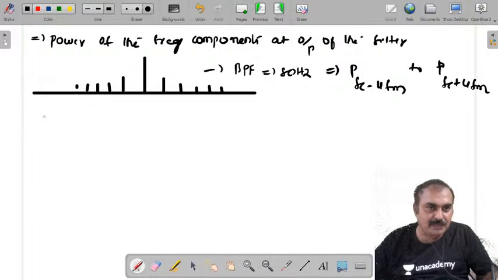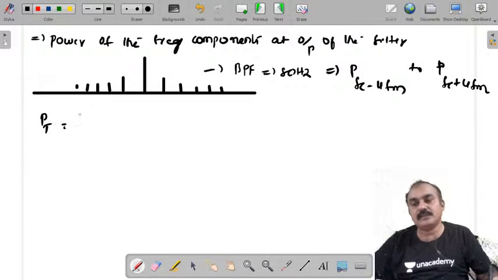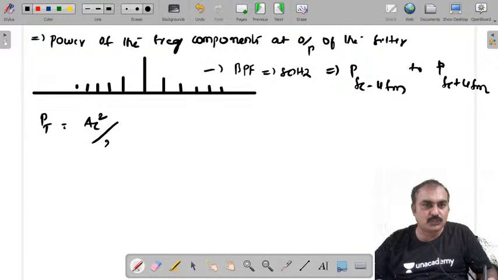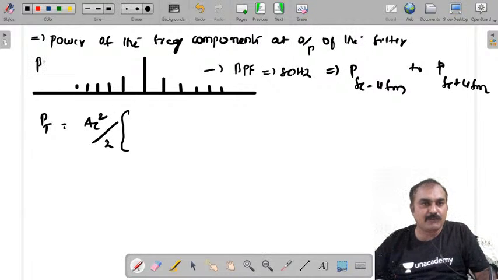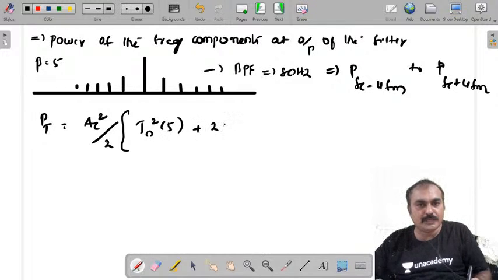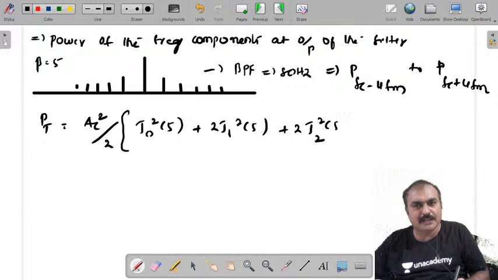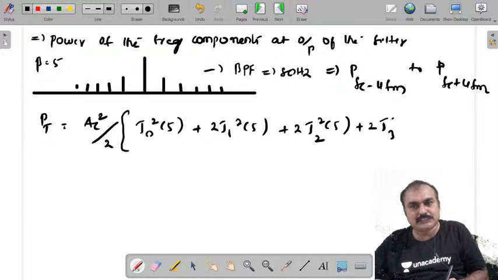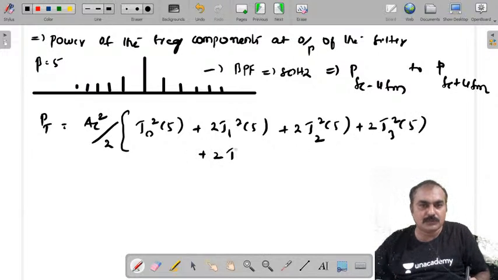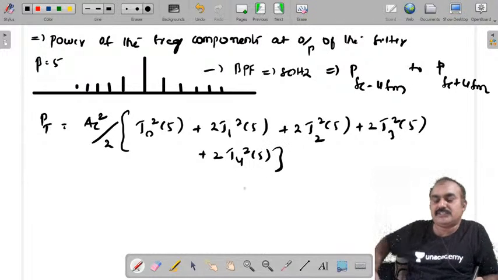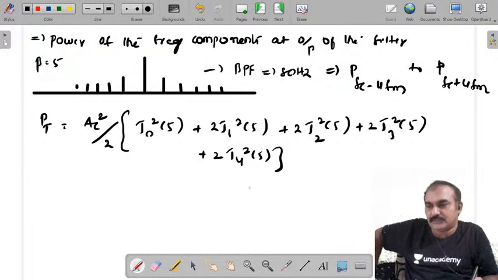Now the total power is equal to AC square by 2 times, where the beta value is 5: J0 square of 5 plus 2 into J1 square of 5 plus 2 into J2 square of 5 plus 2 into J3 square of 5, and similarly the fourth one, plus 2 into J4 square of 5.